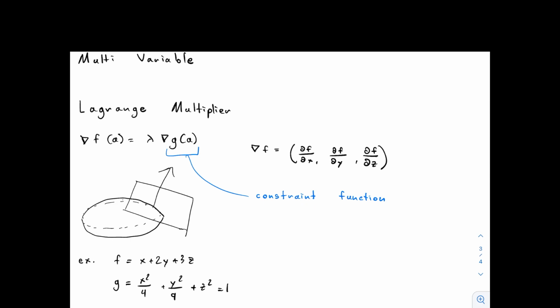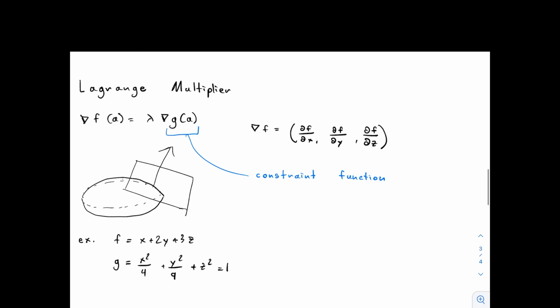And then you can leverage the idea of planes and normal vectors to get to this kind of relationship. Well, let's look at an example.